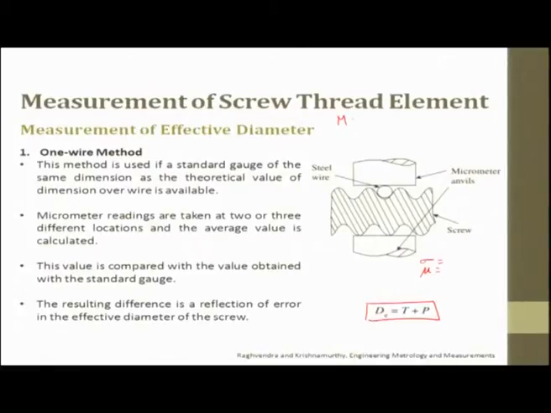First one is called M. M is nothing but the distance over wires. DE is the effective diameter.